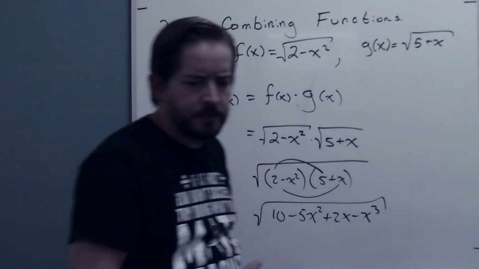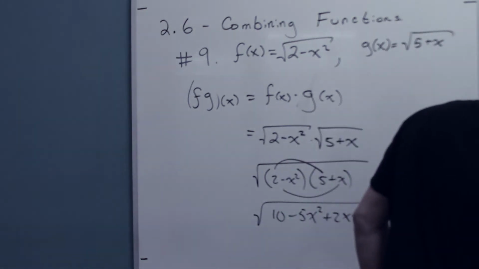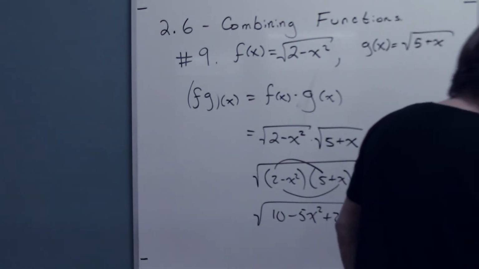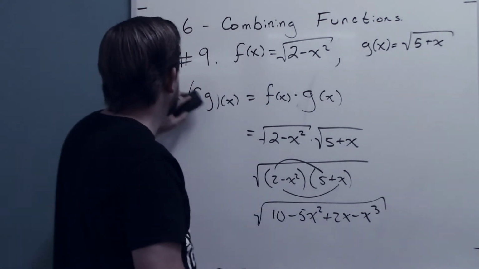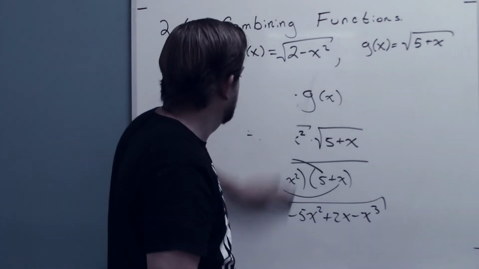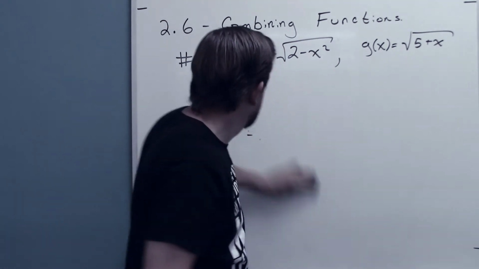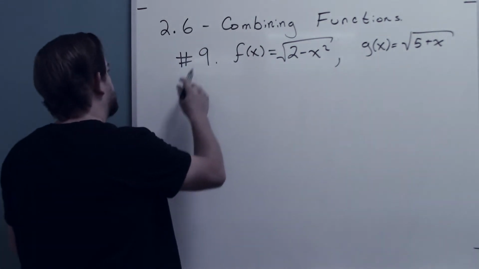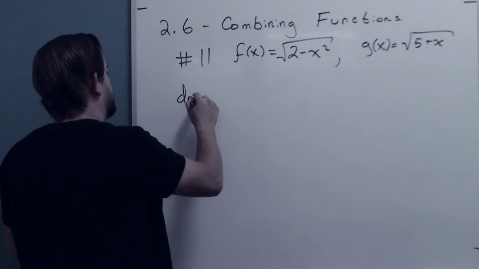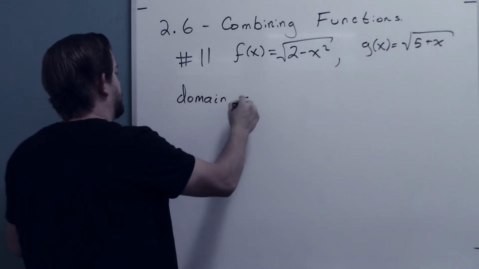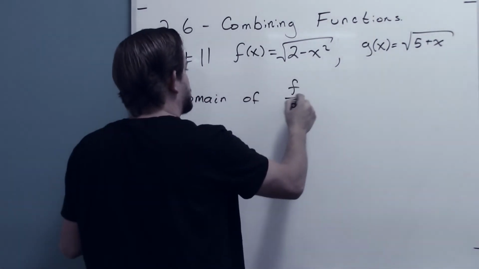All right, let's take a look at number 11, which is the same. Now though, for 11, they've asked us to find the domain of f over g of x.